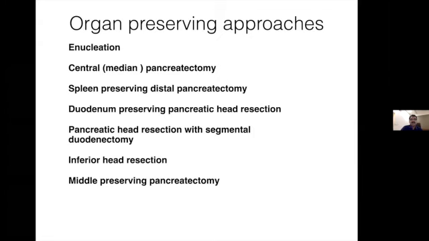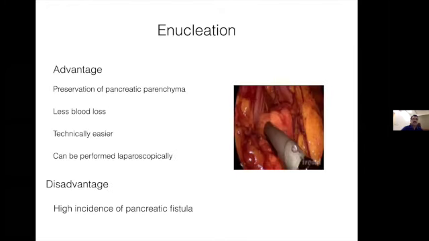And there may be other procedures like inferior head resection and middle preserving pancreatectomy. Almost all procedures are possible, but most of them are very demanding procedures. Enucleation as a treatment is advised only for patients with serous cystic neoplasm or some branch duct IPMN.